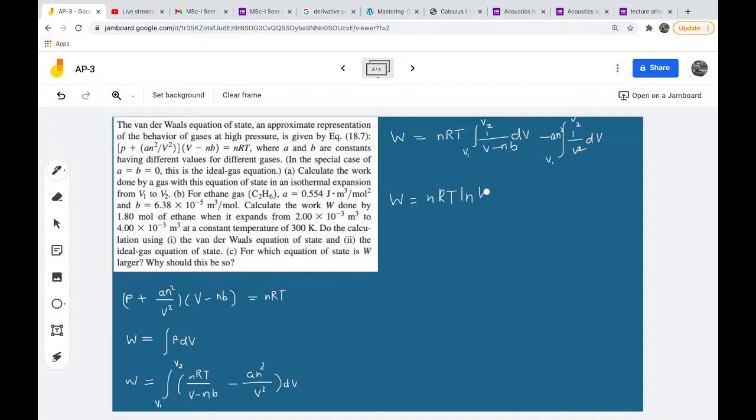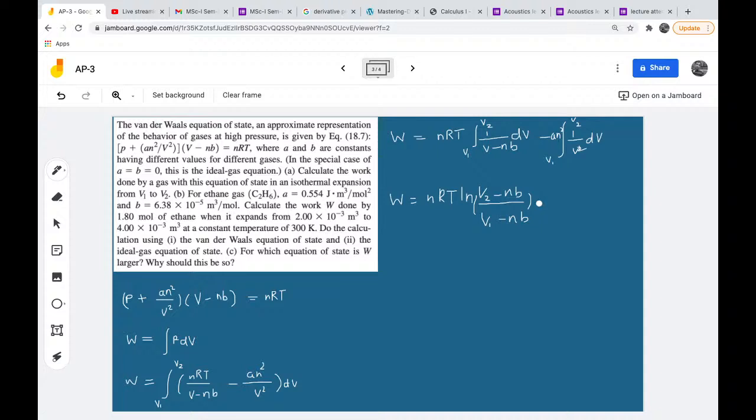You will get V2 minus nb, this is the numerator term, divided by V1 minus nb, and this is the denominator term. So this is nRT log, this is the first term integral.